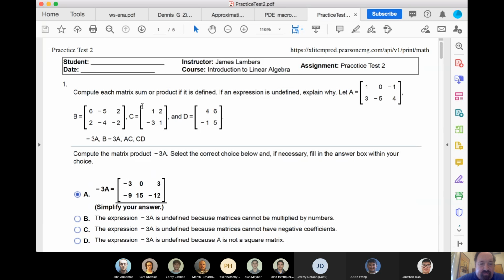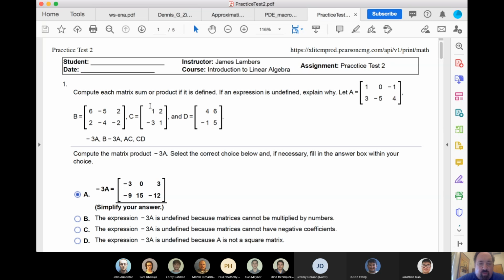Since it's C times D, in each entry you're going to work with a row of C and a column of D. For example, the 1, 1 entry deals with row 1 of the first matrix and column 1 of the second matrix.